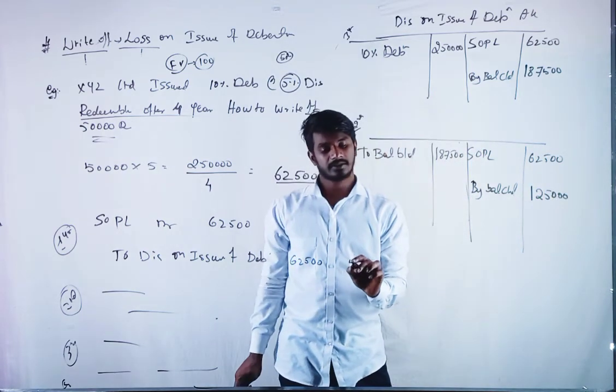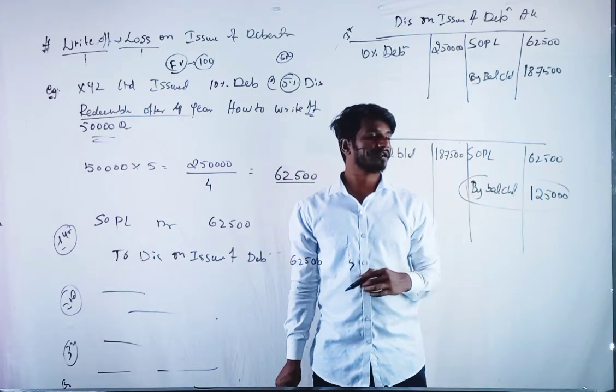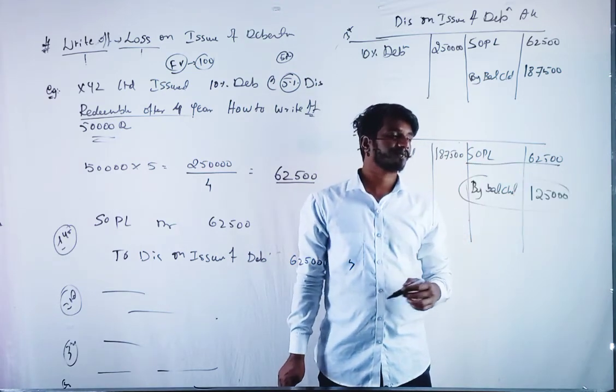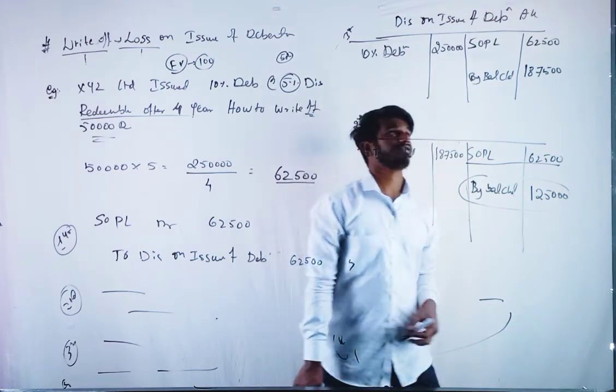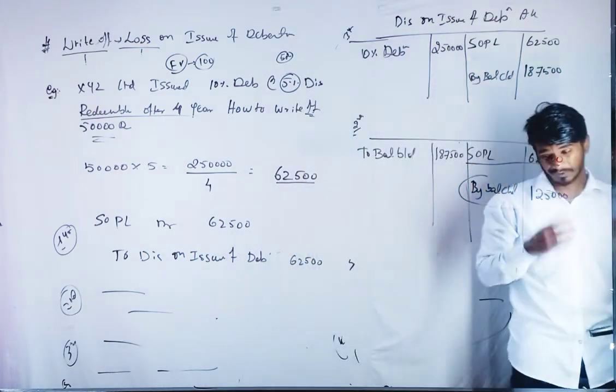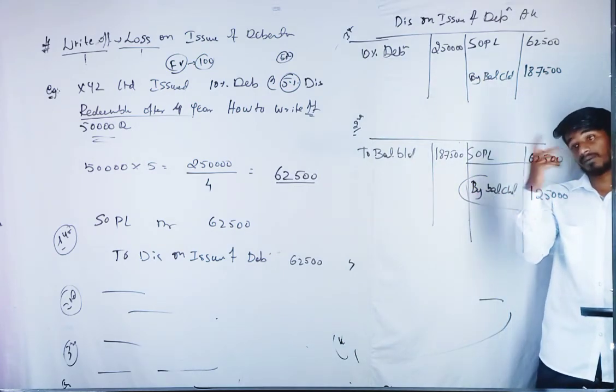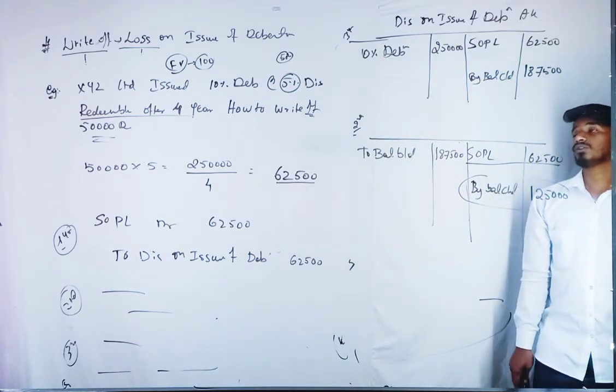Again in the third year we'll bring down this balance and write off this, and remaining balance goes to the next fourth year. The same continues to the next two accounts. Fixed installment method, we have done with the fixed installment method. You should do the proportionate method. Method 2, proportionate method.